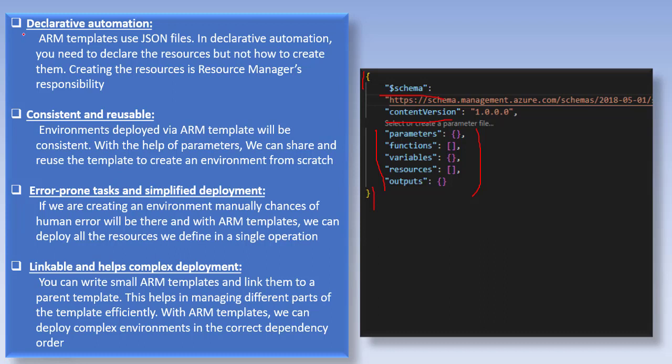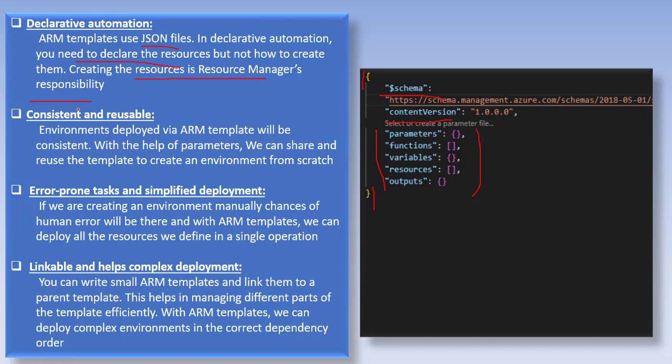First is declarative. ARM template, as I said, uses JSON files. It's a declarative automation. So what do I mean by declarative? You need to declare the resources, but not how to create them. Creating the resources is the Resource Manager's responsibility. You just declare what all resources you want to create.